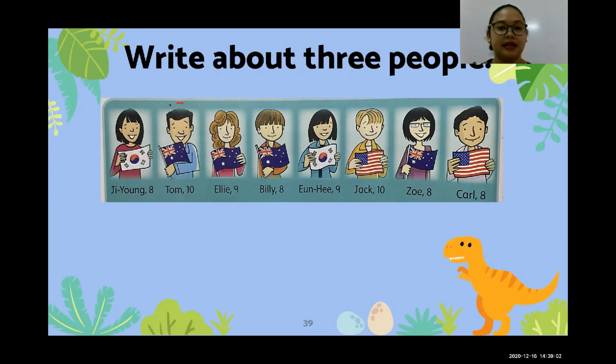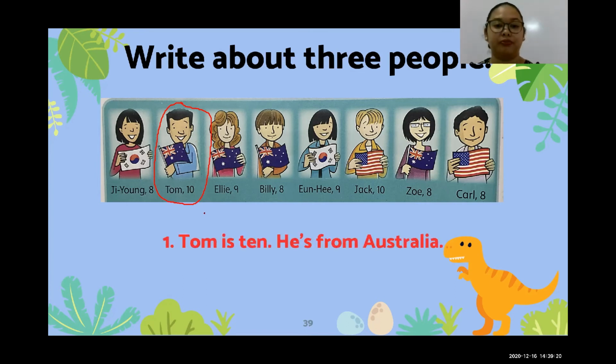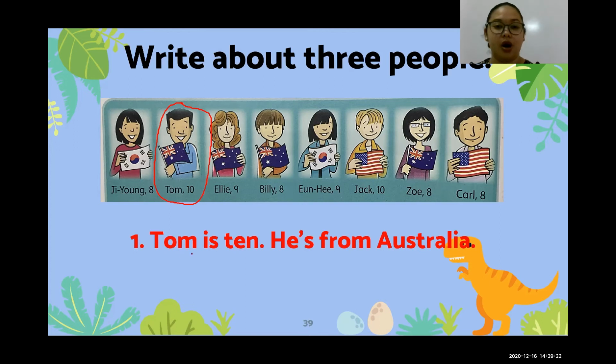So let's write about Tom. The information is Tom is 10 and he's from Australia. How do we write about Tom? Here, let's read. Tom is 10. Okay?